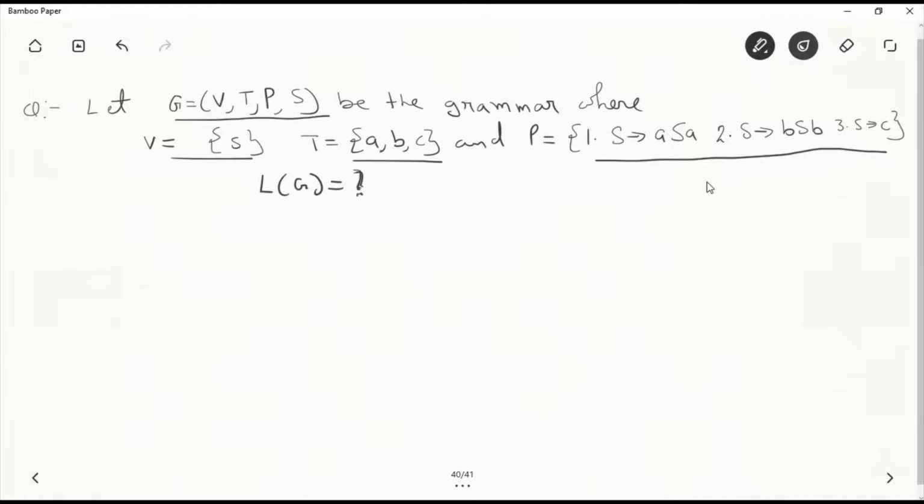Just do this exercise in the same manner. I am waiting for 2 minutes. Sir, production rule 3 is not visible. Production rule 3 is just like this. S is rewritten as C. Thank you, sir.